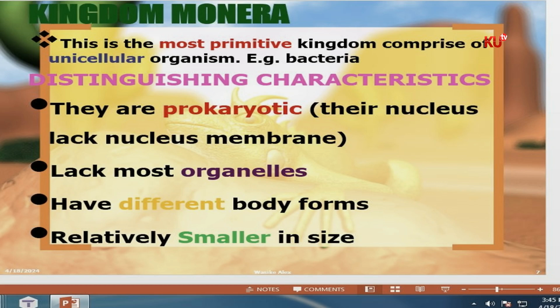I want to give a good example of bacteria, because bacteria are always causing diseases. A good example of bacteria is Vibrio. Vibrio is a bacteria. And if I have to be very specific, there's a bacteria called Vibrio cholerae.